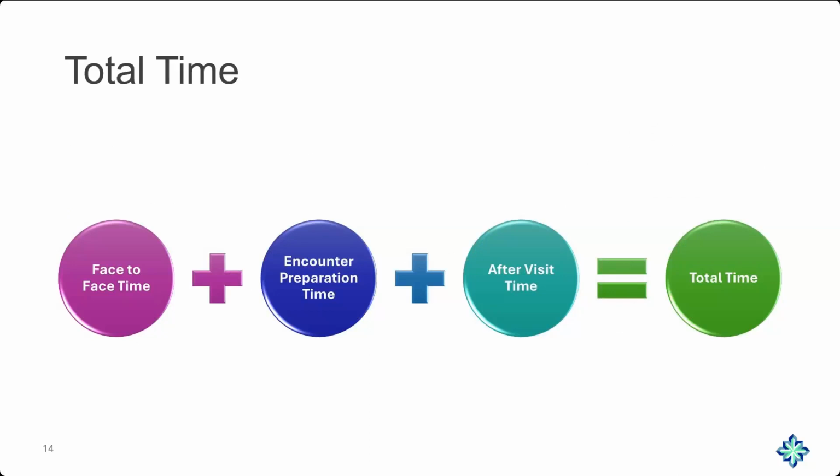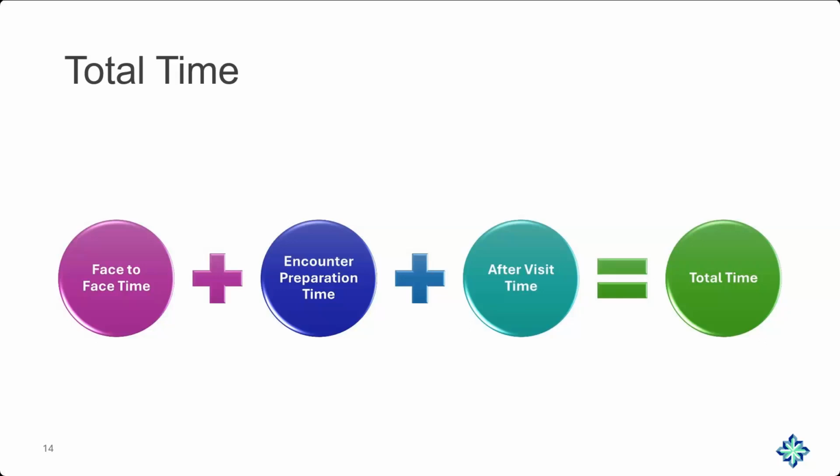So here I just wanted to give you a little bit of a recap, a little bit of a visual of what is meant by total time. When you're using time to calculate level of service, you want to make sure you're looking at the entire picture for that date of service. So it's your face-to-face time, which we talked about the qualifying activities there. Encounter prep time, again, it has to happen on the day of the visit, not several days before or the day before the visit.